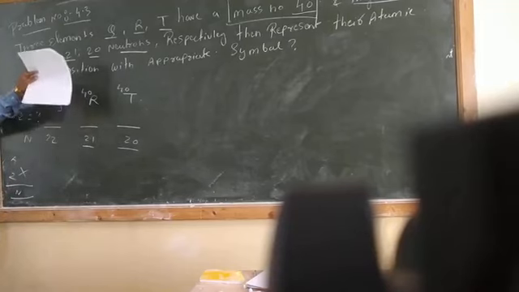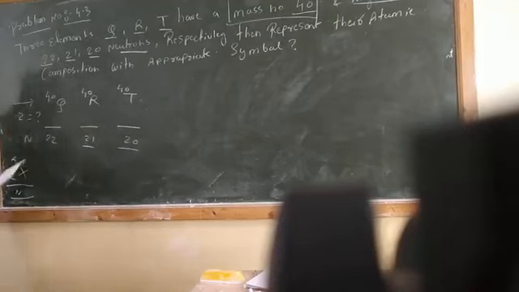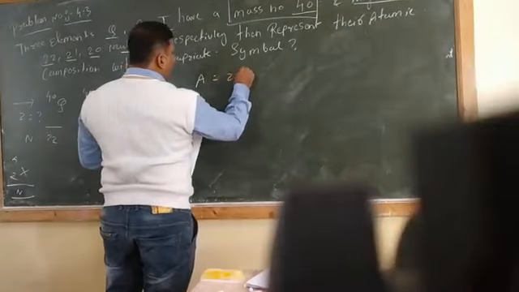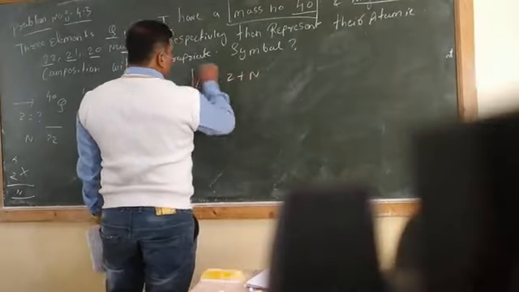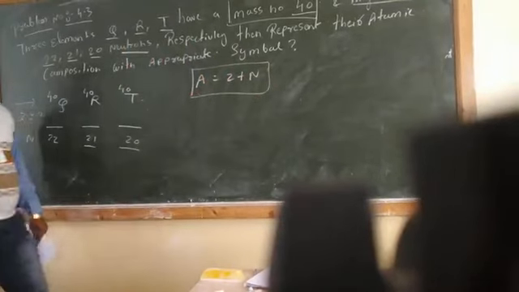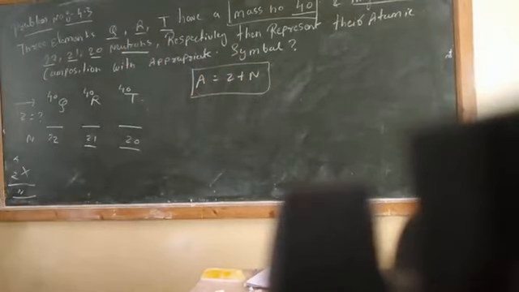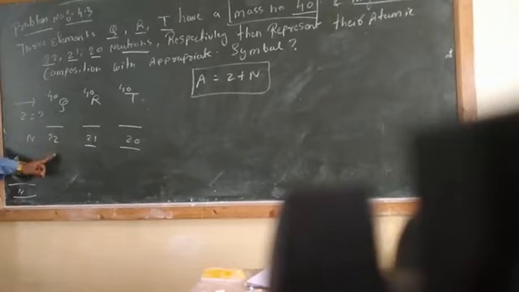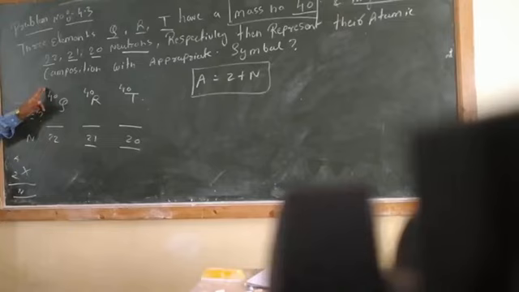Q, R और T का. तो उसके लिए एक इक्वेशन है. That equation is A is equals to Z plus N. Am I right? A is equals to Z plus N is the equation. See, whenever you want to find out the A, you have to add Z and N. तो तुम लोगों को एटॉमिक मास मिलेगा, यानी कि एटॉमिक नंबर और न्यूट्रॉन्स को ऐड करोगे तो क्या मिलेगा?